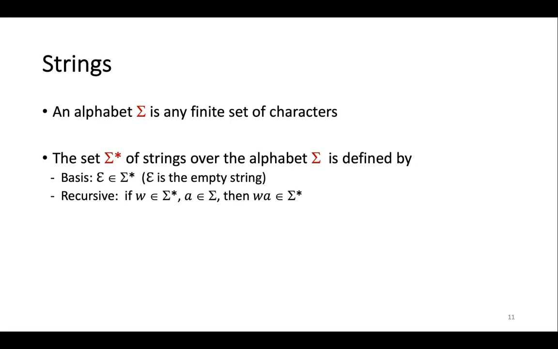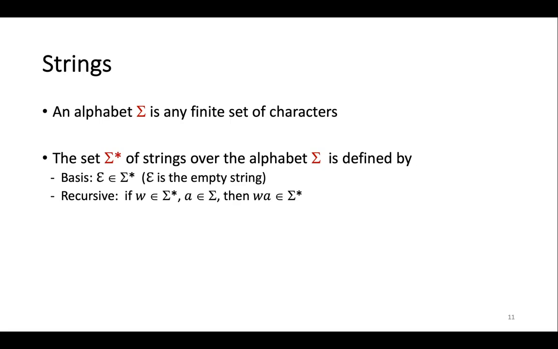So we can use recursion. If W is a member of sigma star and A is a member of sigma, then WA is a member of sigma star. This is a string followed by a character.